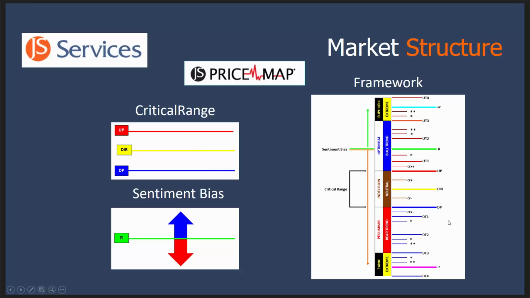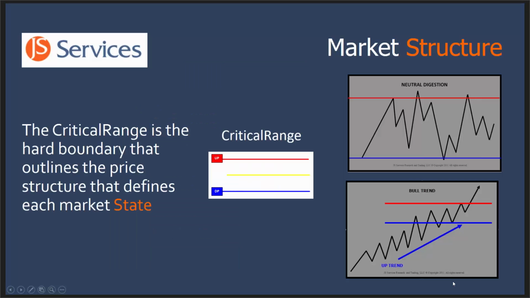But as you start to dial into the structure, there become smaller structure points. But on the broad strokes, the critical range and the sentiment bias are what we want to focus on for defining the real state shifts. The critical range is the hard boundary that outlines the price structure that defines each state. It's real basic.